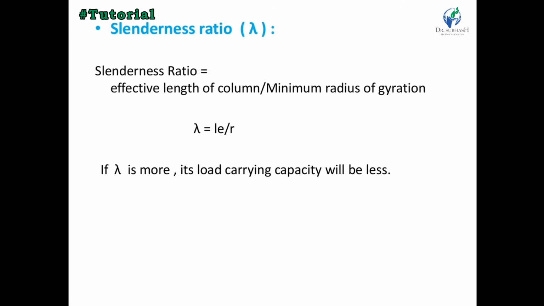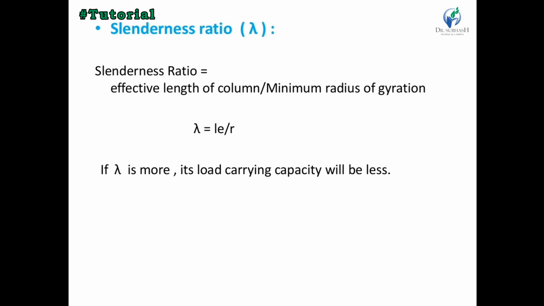Now slenderness ratio. So what is slenderness ratio? The slenderness ratio is equal to the effective length of the column divided by the minimum radius of gyration. The effective length of the column, as discussed, depends on the end condition of the column. Now the minimum radius of gyration we can find from our steel table.